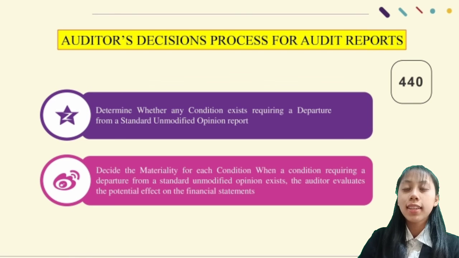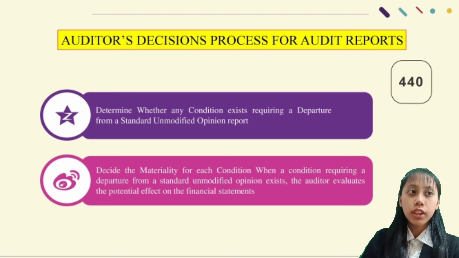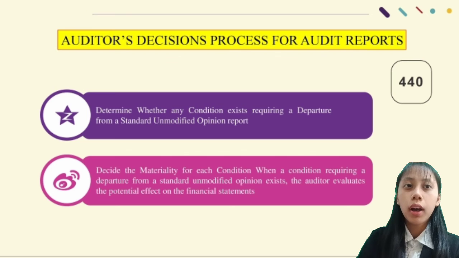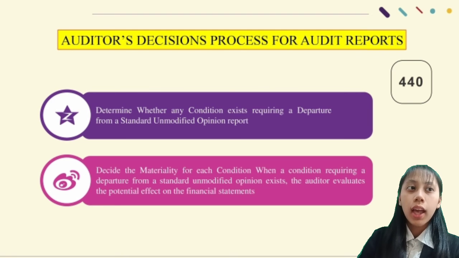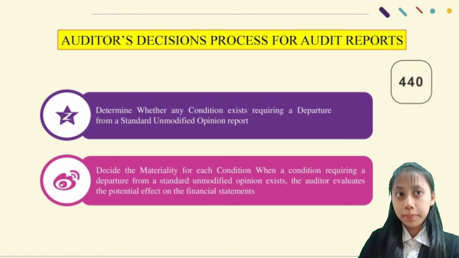Next, the second decision is determining the materiality for the condition. When a condition requiring a departure from a standard unmodified opinion exists, the auditor will evaluate the potential effect on the financial statements.